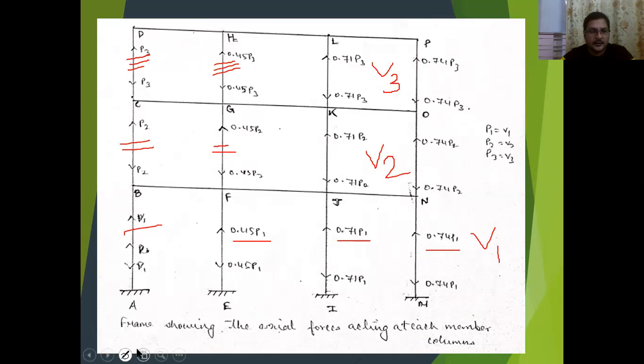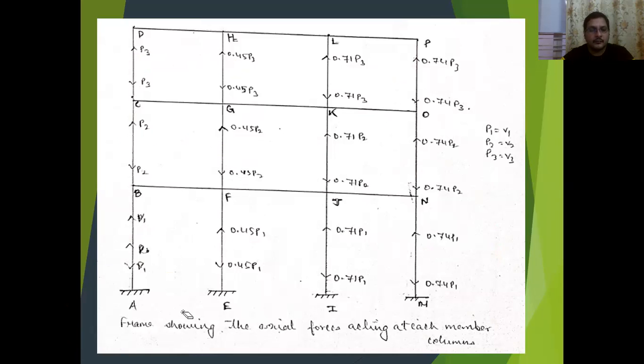Let me erase all the previous markings. For the first portion, I will cut at the point of contraflexure of column CD and the point of contraflexure of column DH.